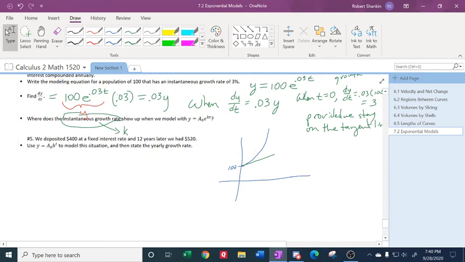Now, number 5. We deposit $400 at a fixed interest rate, and 12 years later we had $520. Use y equals a0 b to the t to model the situation and state the yearly growth rate.